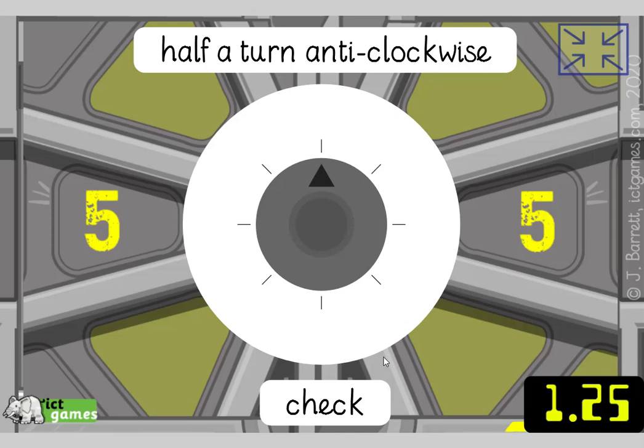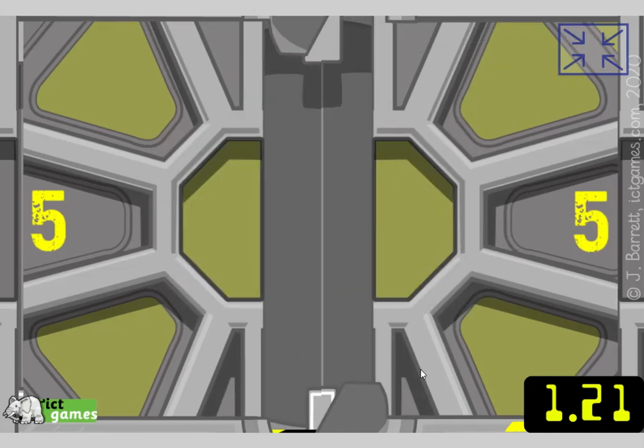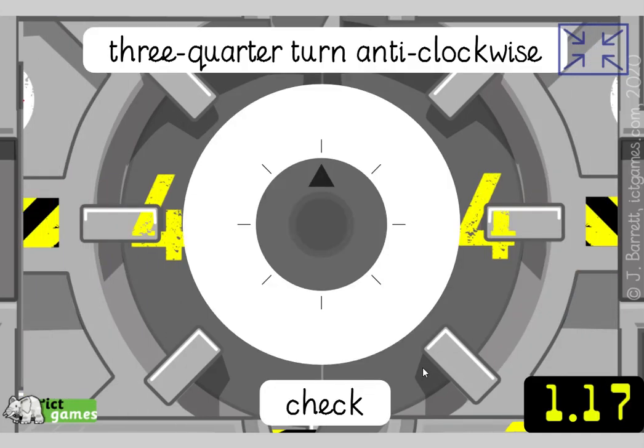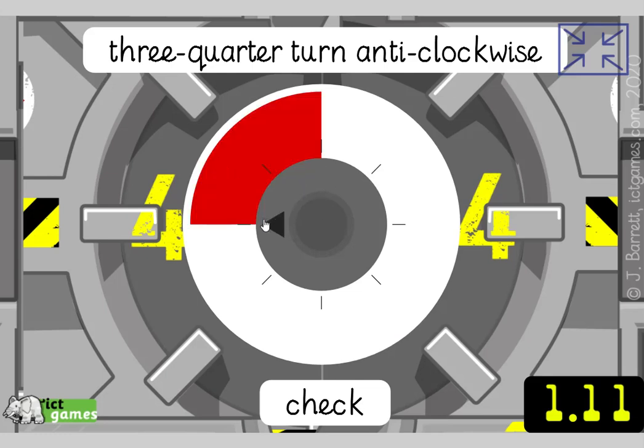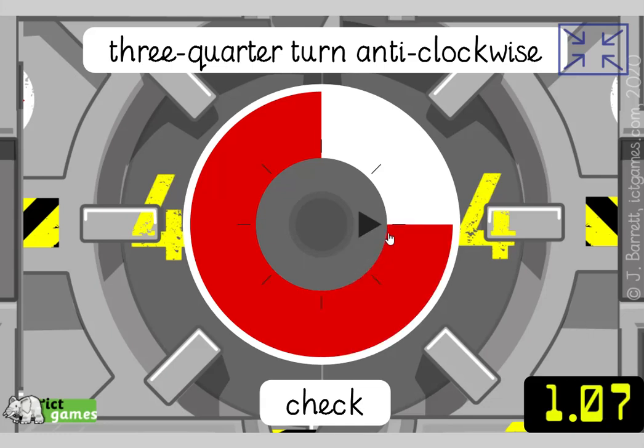Again, half a turn anti-clockwise. Half the way around. That's it. 3/4 turn anti-clockwise. Anti-clockwise is this way. 1/4, 2/4, 3/4 turn anti-clockwise.